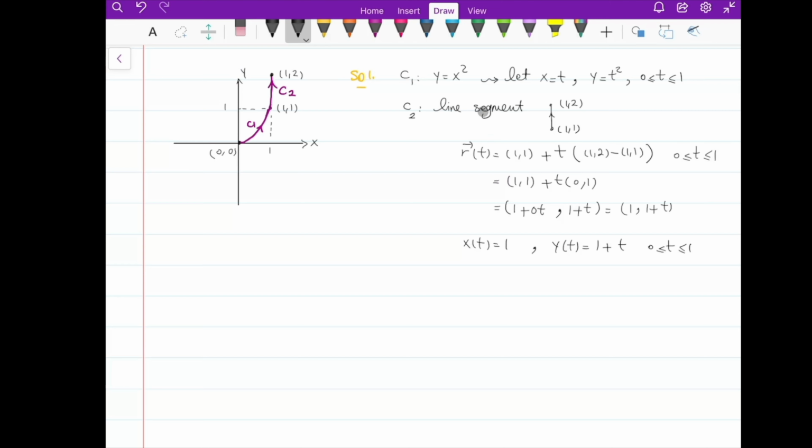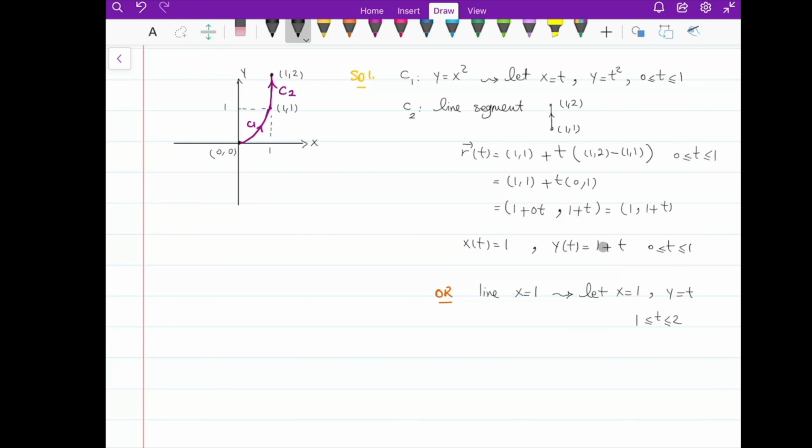So we can use this parameterization for this line segment, or I can say that this is part of the line x equals 1. So I'm going to let x be 1 and y be t, and in that case t is from 1 to 2, just because I want to go from 1, 1 to the point 1, 2.